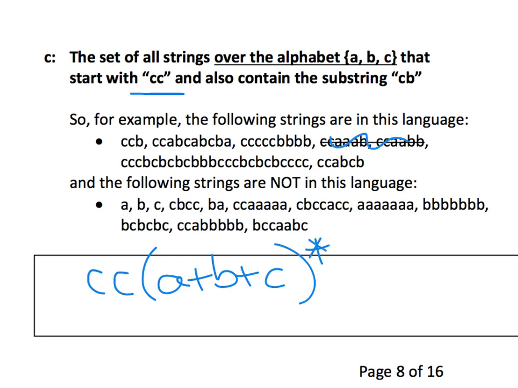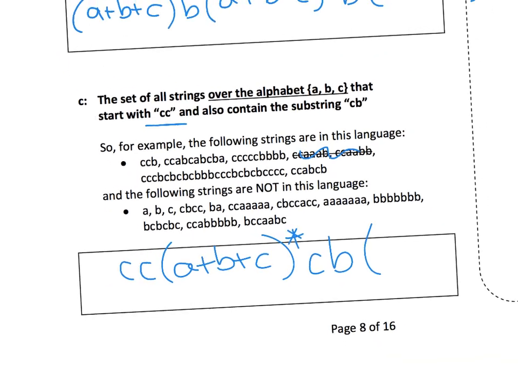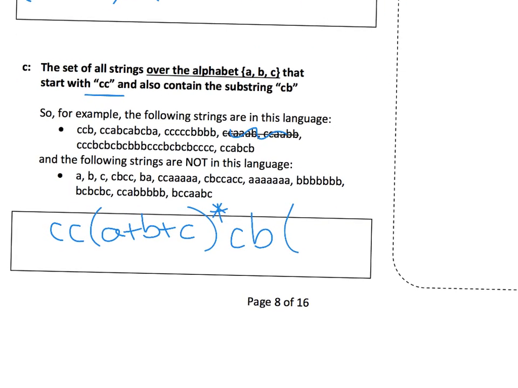And then somewhere it's got a CB. And then after that CB, it could still have more, right? A plus B plus C, quantity starred.